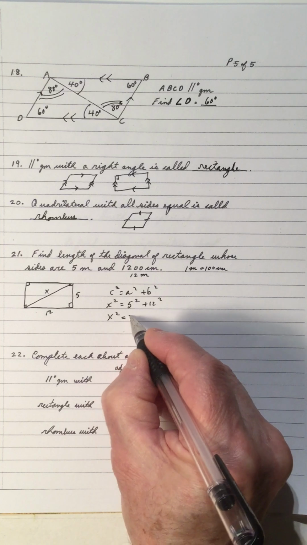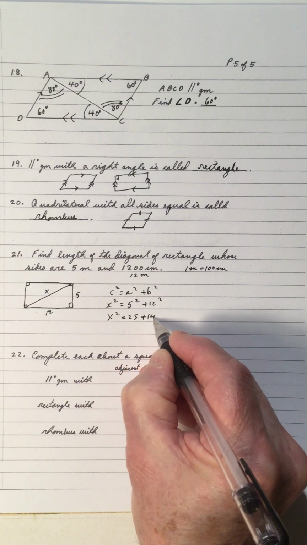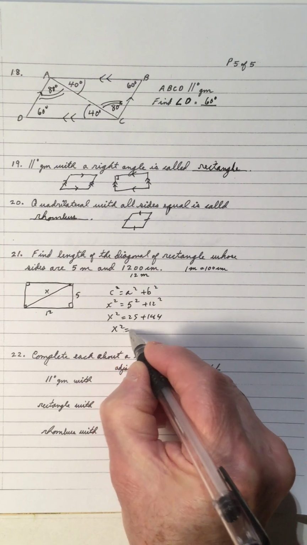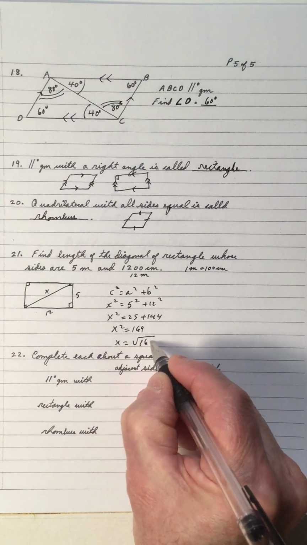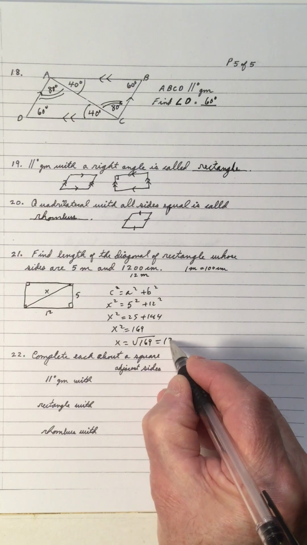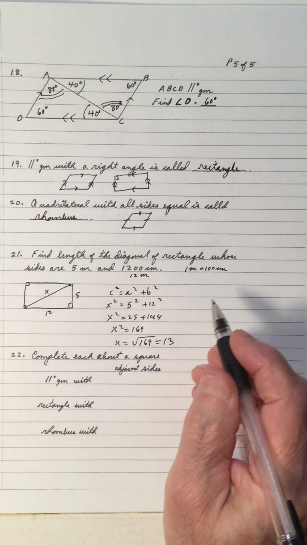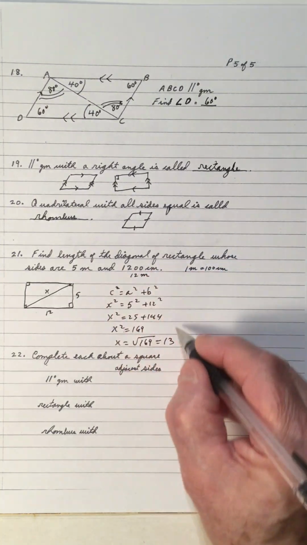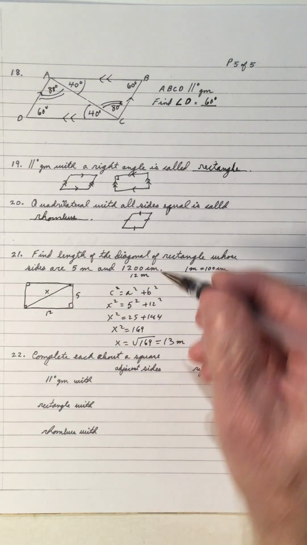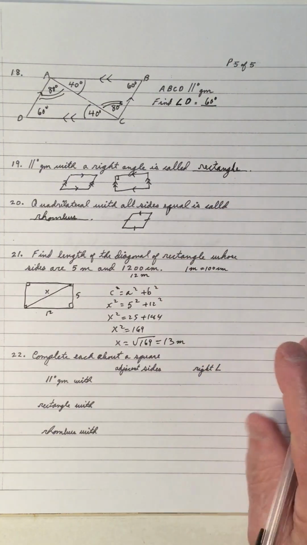So x squared is 25 plus 144. x squared is 169. x is the square root of 169. Square root of 169 is 13. So the length of the diagonal is 13, and the units are meters. I could have worked it out in centimeters, but the numbers would have been way larger.